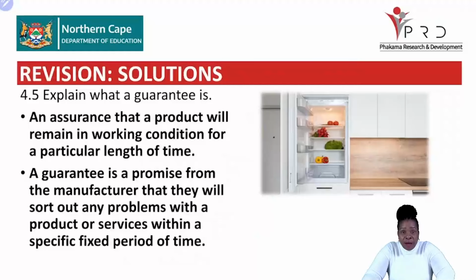length of time. So when they give you a guarantee, they would say, this refrigerator has got a 3-year guarantee or 3-year warranty, which means if it breaks down before the 3 years, then you can go back to the shop, ask for a refund or claim another fridge, or they can have it repaired, right?